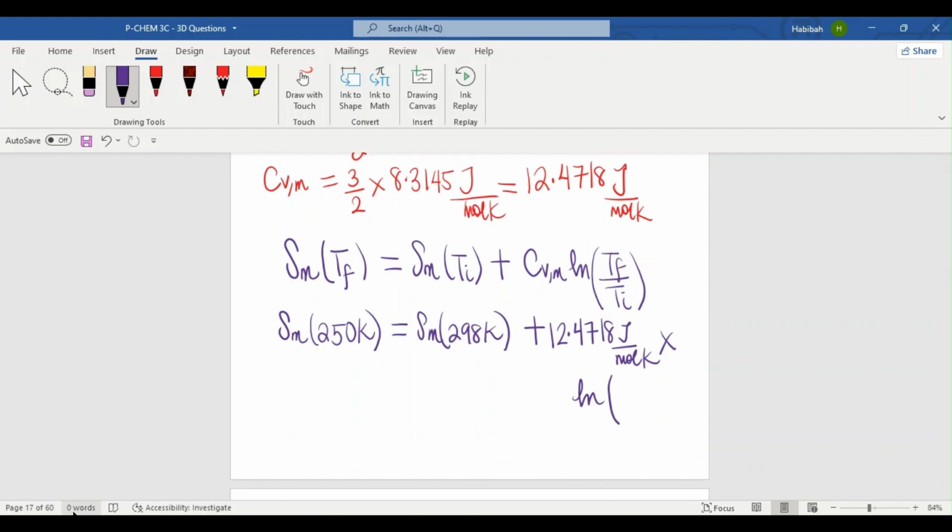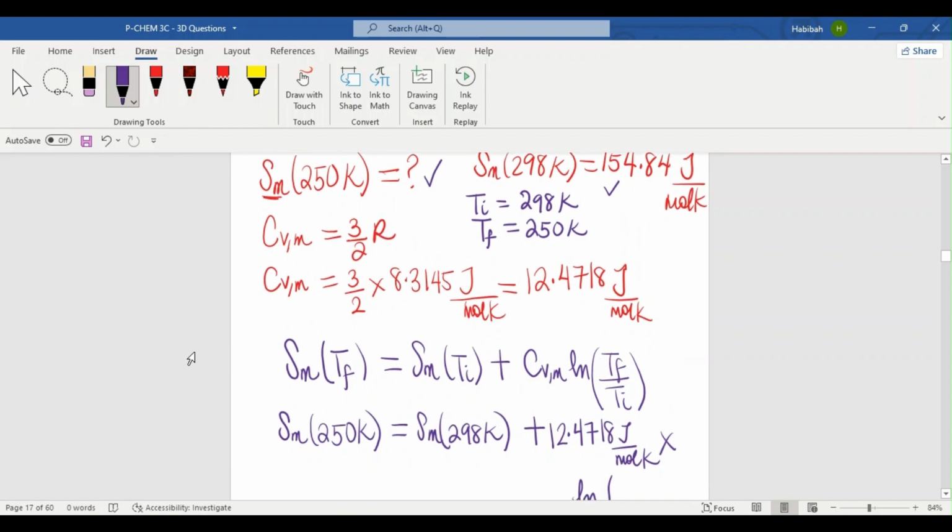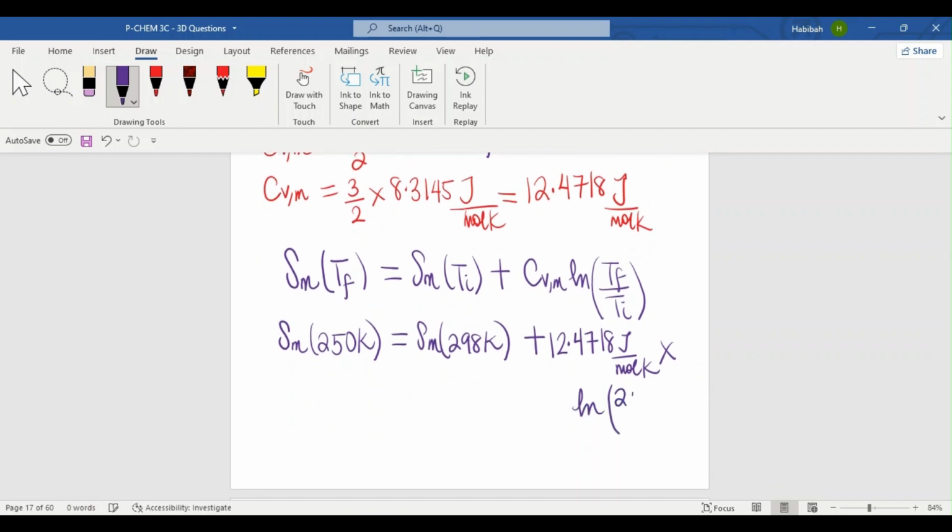So T final is simply 250 Kelvin divided by 298 Kelvin. So that's basically how it's done.